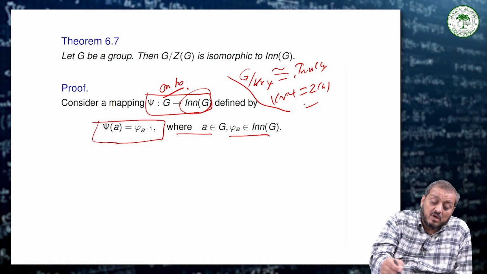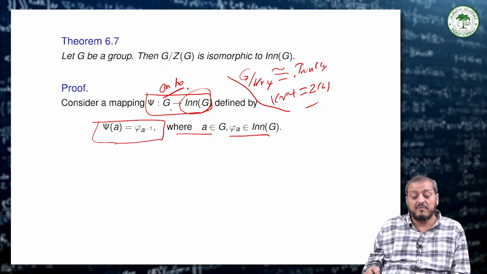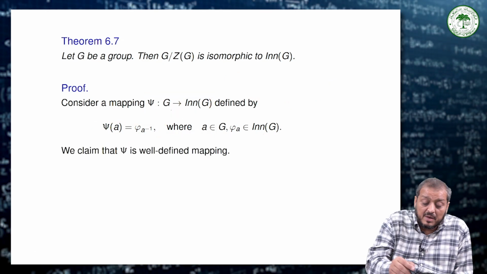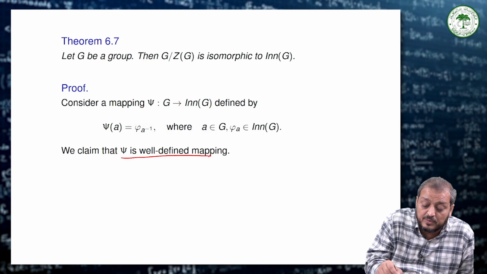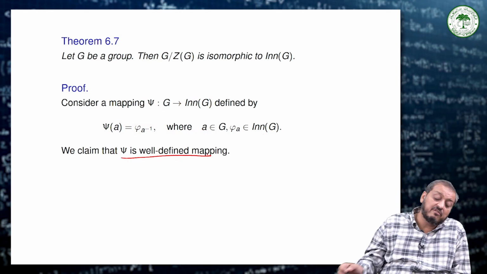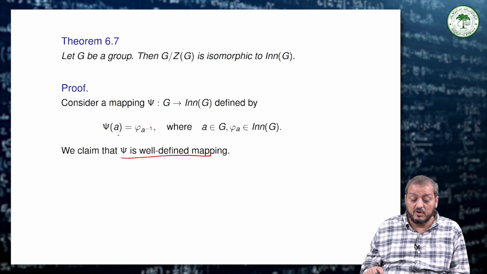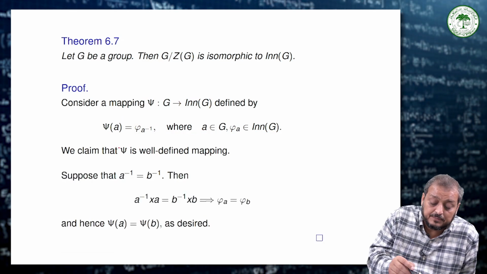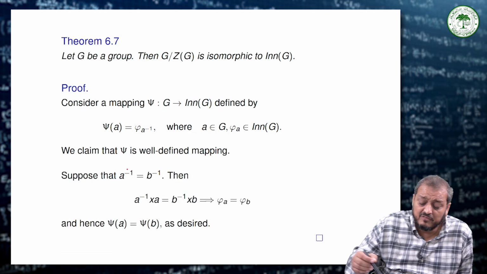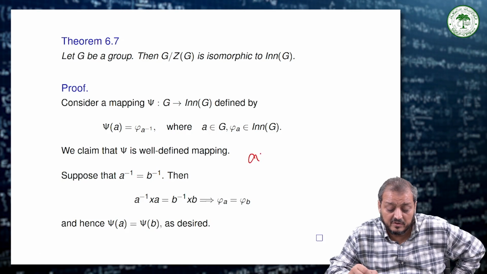So first we have to show that the map we define is a well defined map. So this psi we define should be well defined, and well defined means you take a equal to b.